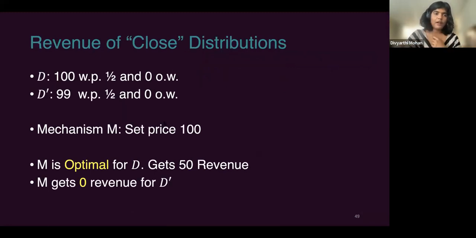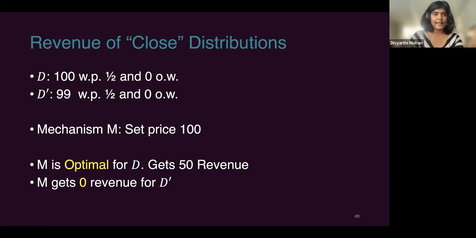For example, consider this distribution D where the item takes value 100 with probability half and 0 otherwise. And consider this quite close distribution D prime where the item takes value 99 with probability half and 0 otherwise.